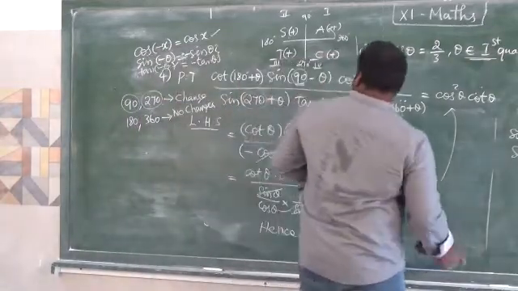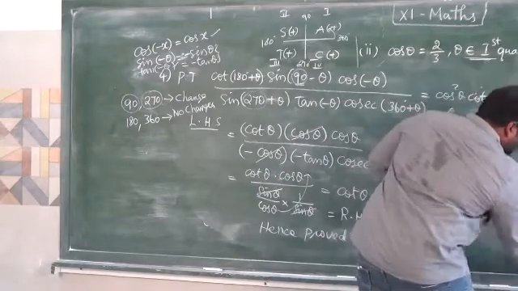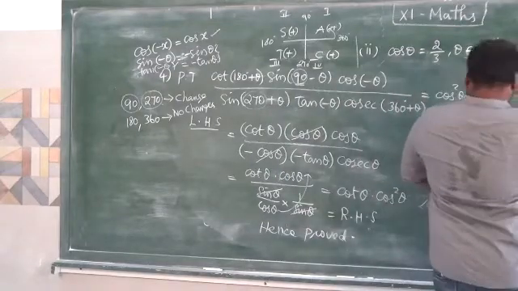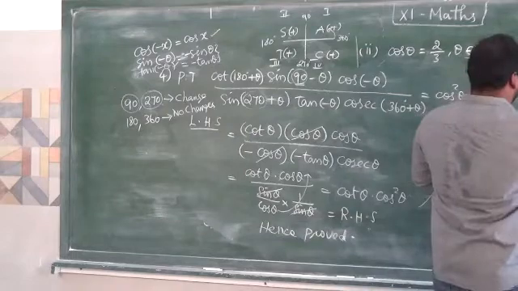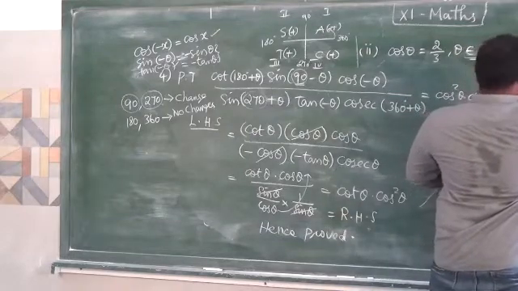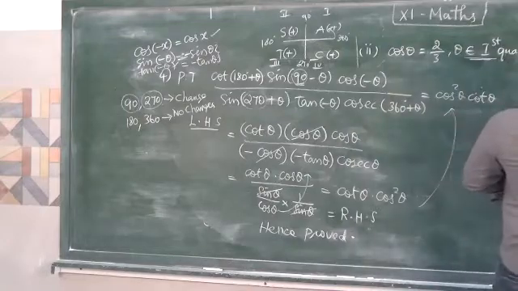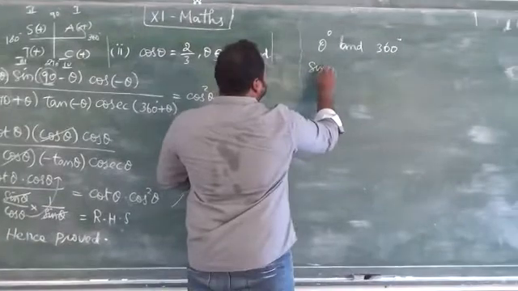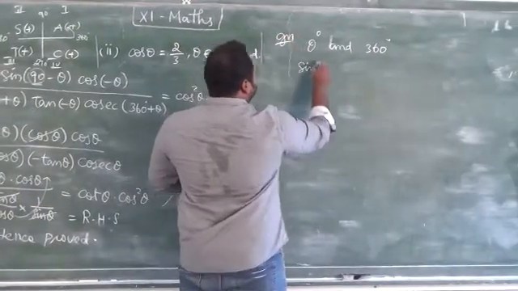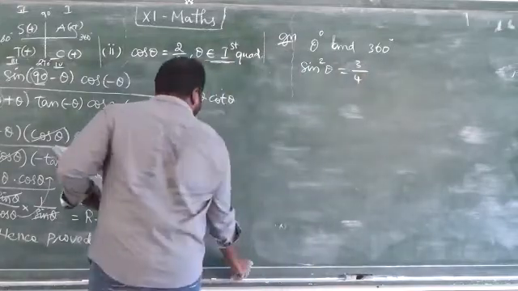Next, question number 5. Find all the angles between 0 degree and 360 degree which satisfy the given equation, sin square theta equal to 3 by 4.